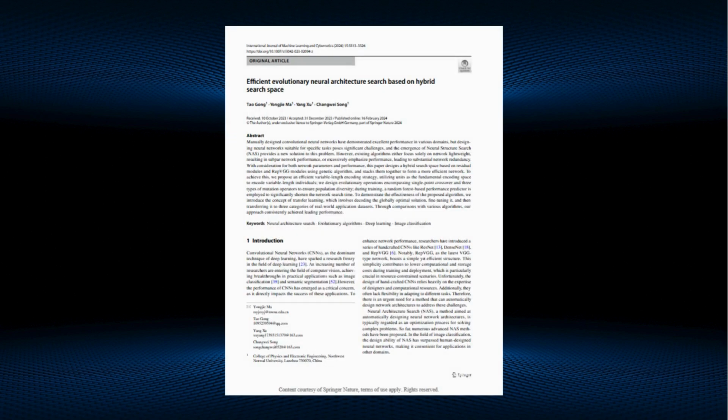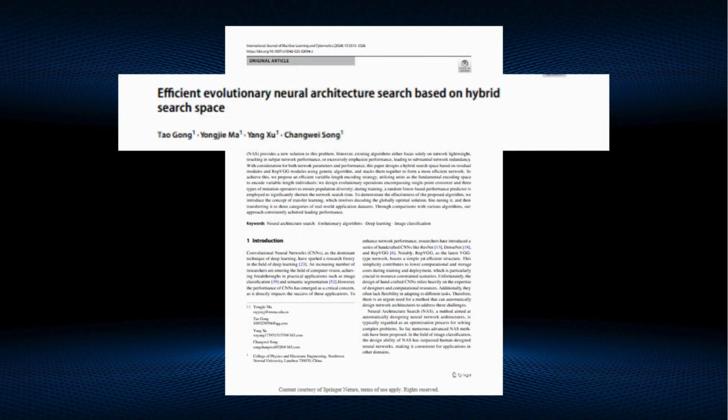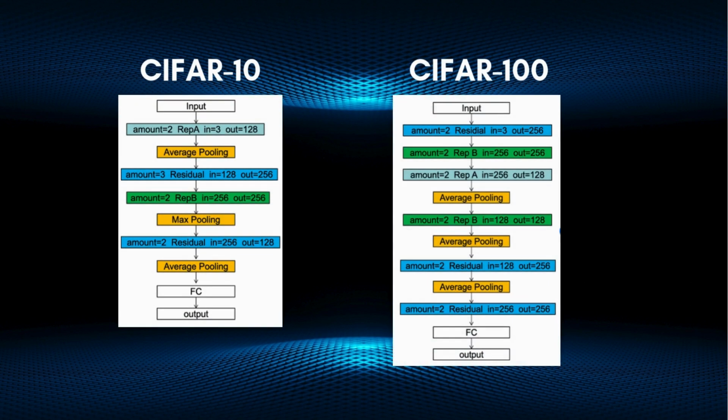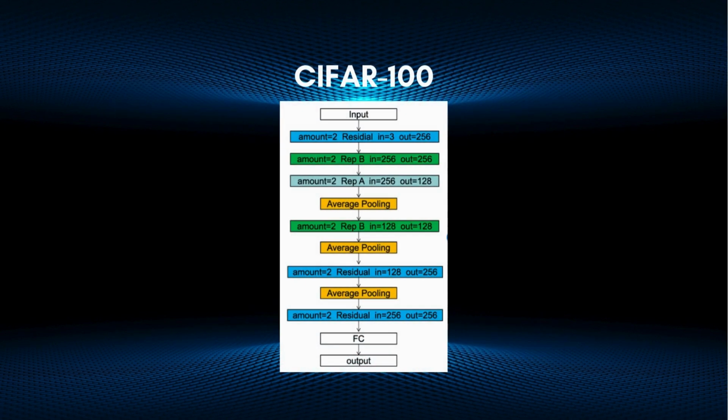Speaking of neural architecture search, a paper titled Efficient Evolutionary Neural Architecture Search based on hybrid search space demonstrates how CIFAR-100 serves as a powerful tool for designing and optimizing neural networks.